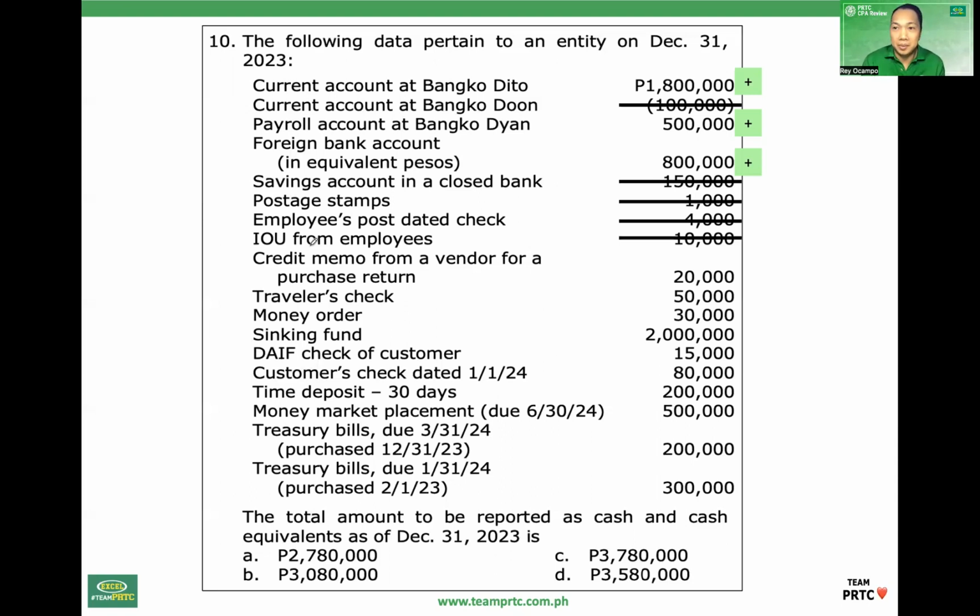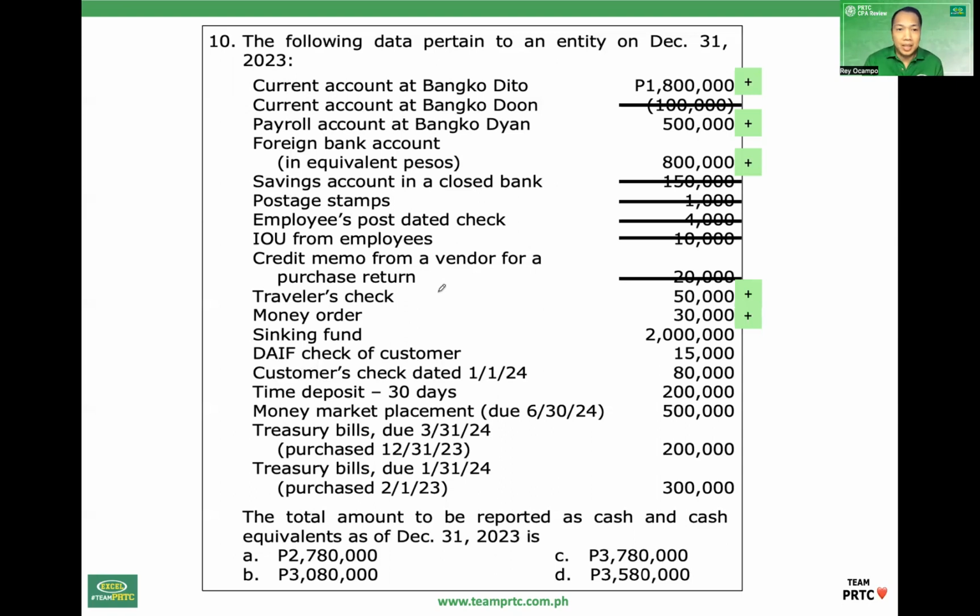Receivable also, trade and other receivables. Credit memo from a vendor for a purchase return. That is a deduction from accounts payable. Exclude. Traveler's check, include. That is cash. Money order, include. That is cash.